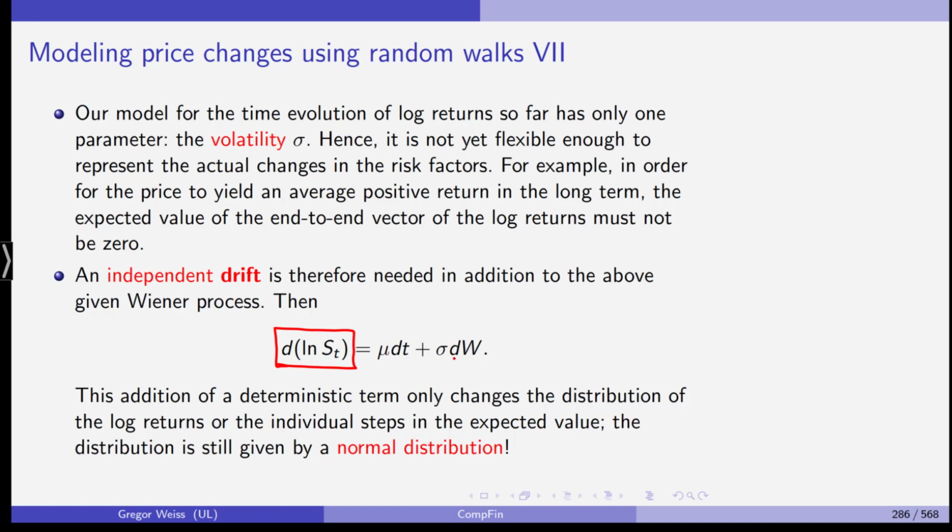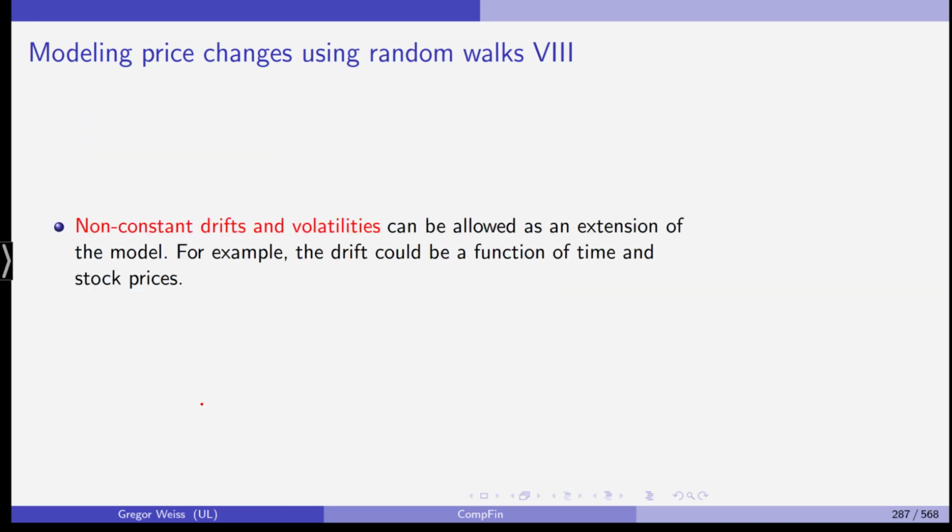And adding such a deterministic term only changes the distribution of the log returns, or the individual steps, in the expected value. However, the distribution is still a normal distribution. So assuming even a Wiener process to which we've added a drift, this doesn't change the distribution, it changes only the expected value. So we still have normally distributed log returns.